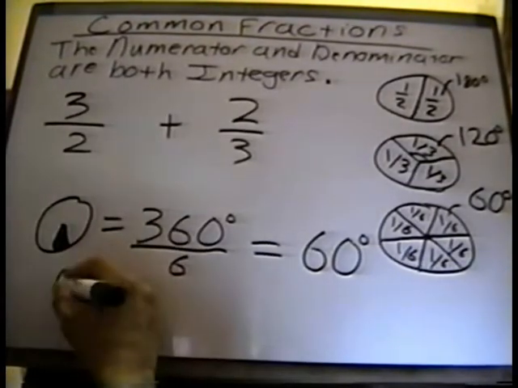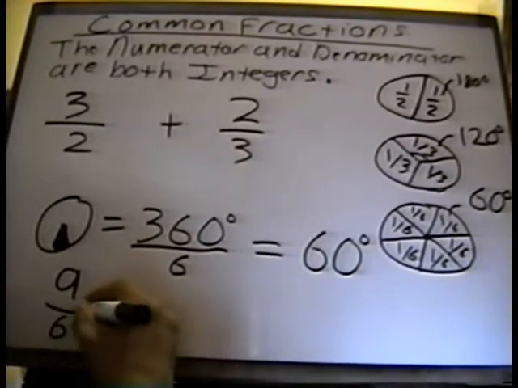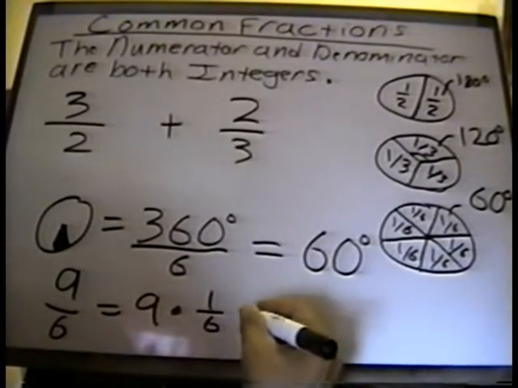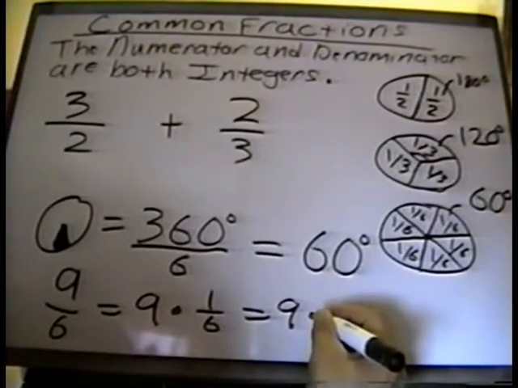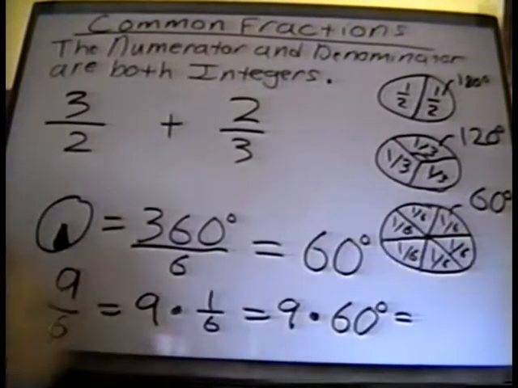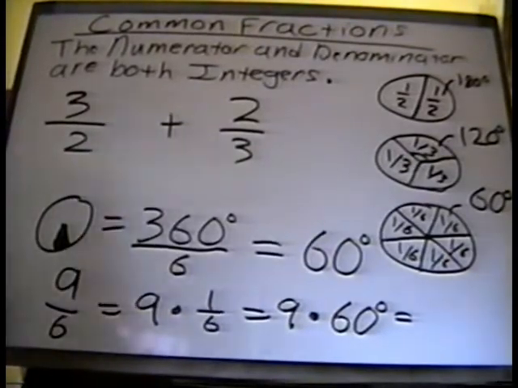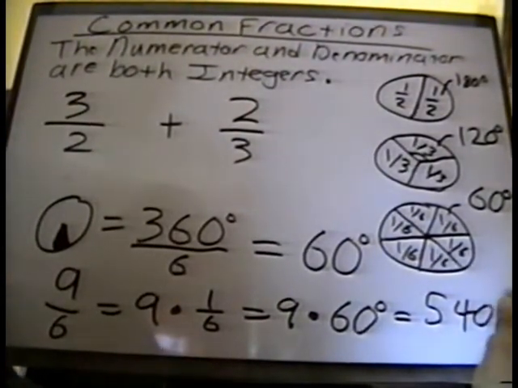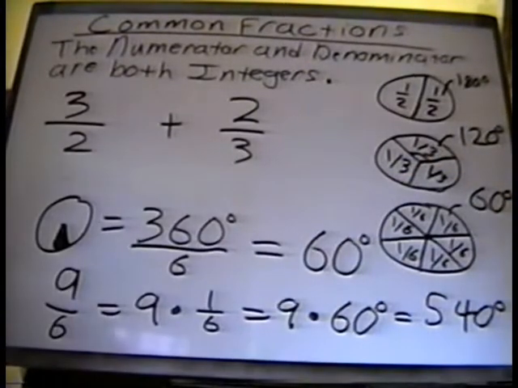So here 9/6 equals 9 times 1/6, or 9 times 60 degrees, which gives you 540 degrees, which is the same as 3 halves.